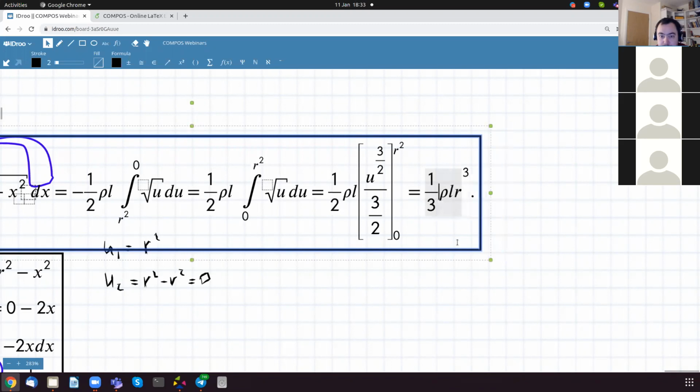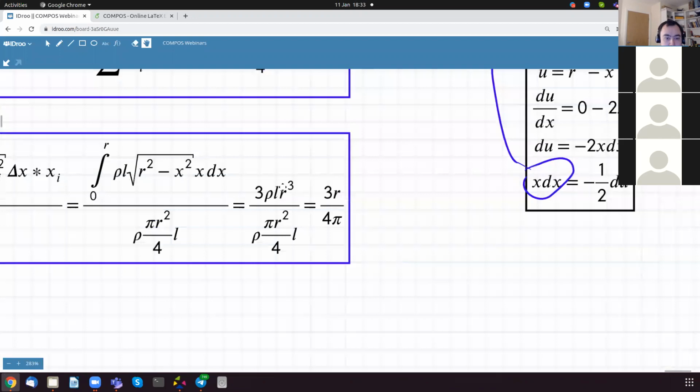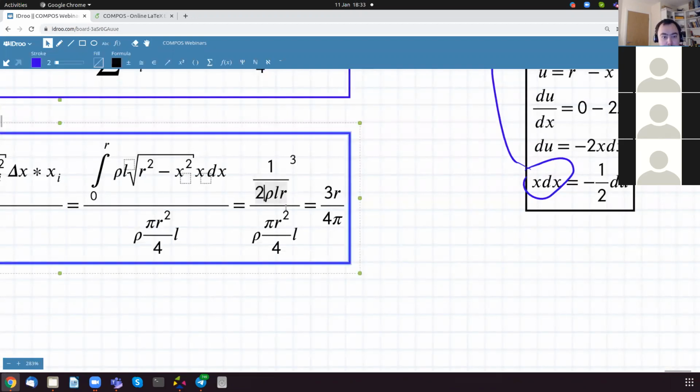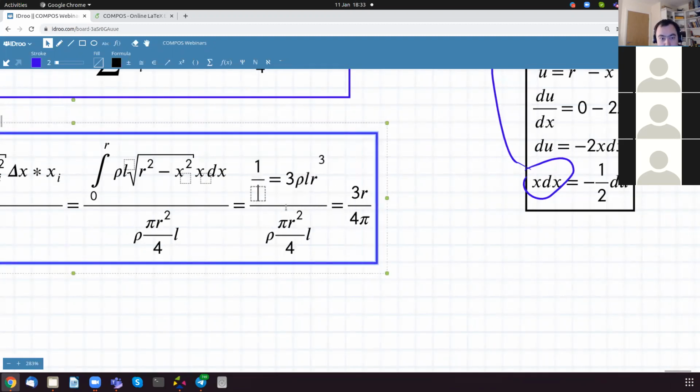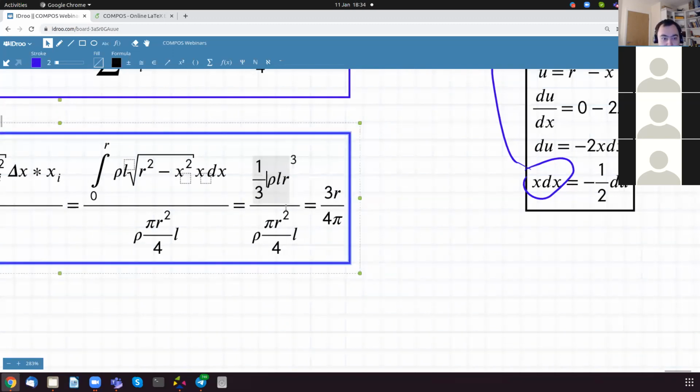So here it's going to be 4r divided by 3 pi.